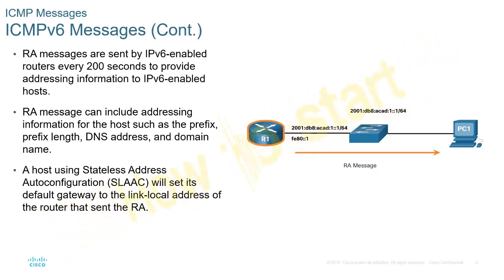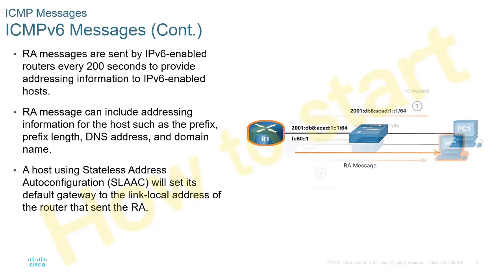If we're using SLAAC, we will use the FE80::1 address. Again, link local addresses are private addresses. They're only allowed on the LAN and do not allow for outside communication. The link local address is only on the LAN.